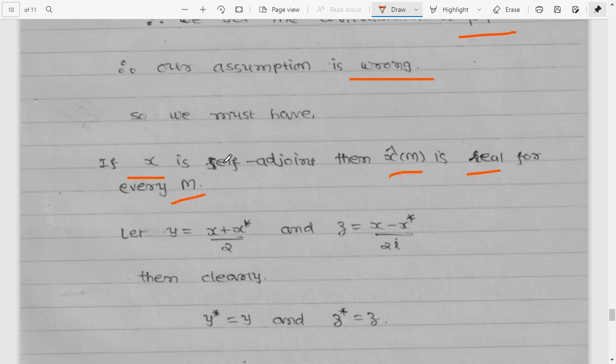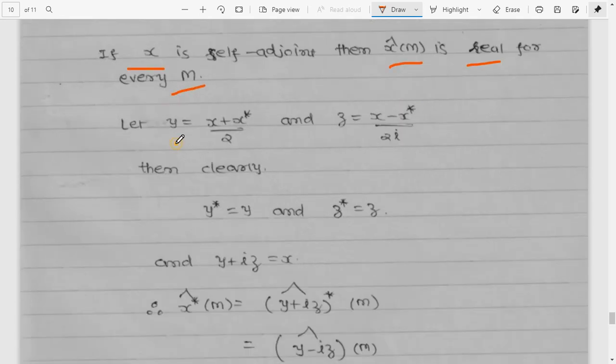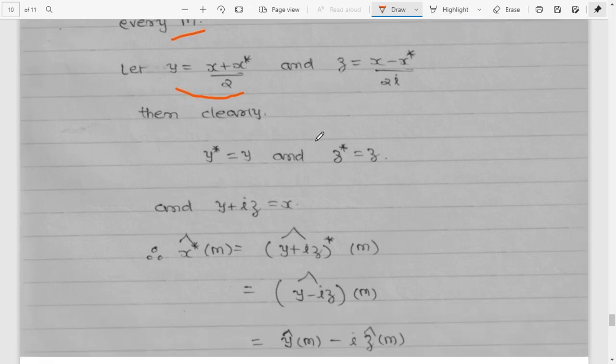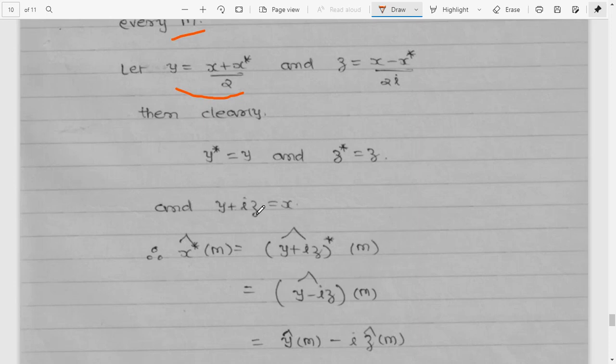Let y be equal to x plus x star upon 2 and z be equal to x minus x star upon 2i. Then clearly y star is equal to y and z star is equal to z. Both are self-adjoint, and y plus iota z is equal to x.